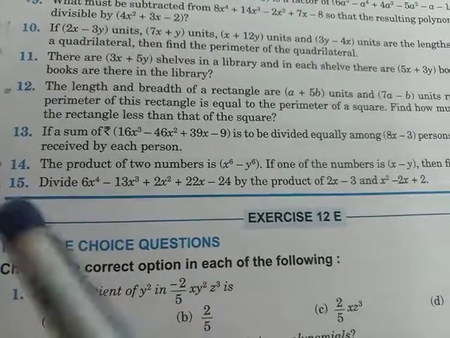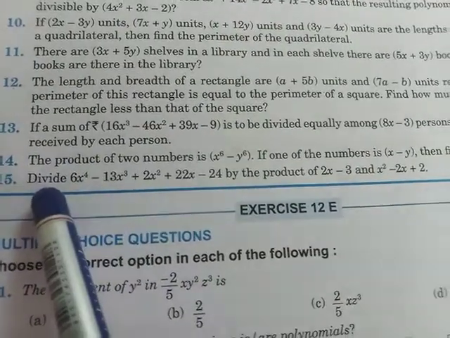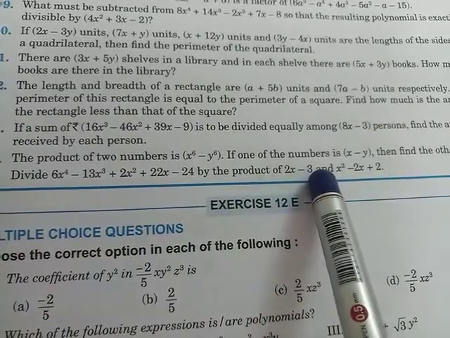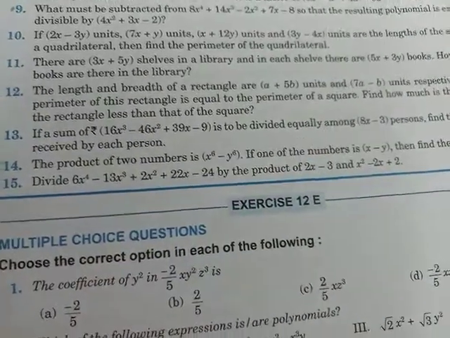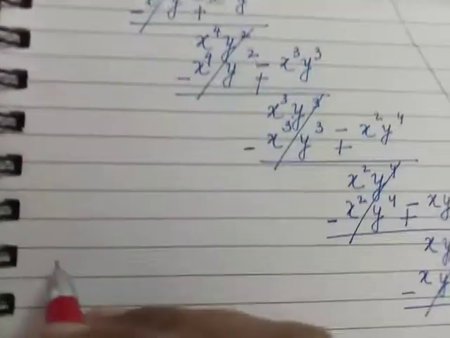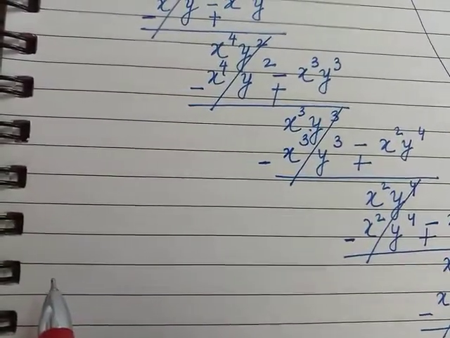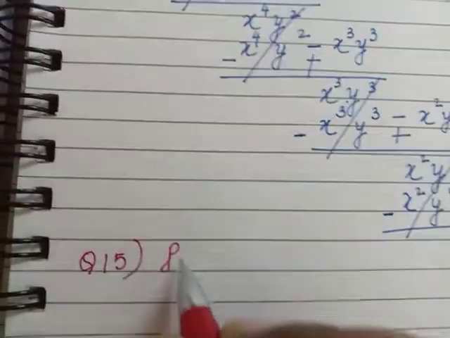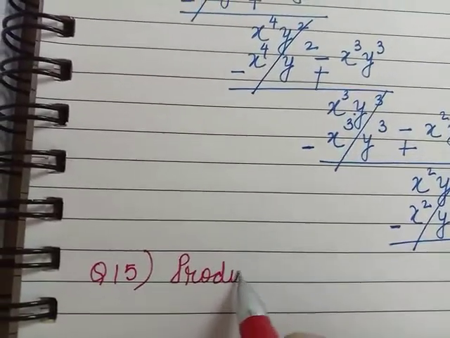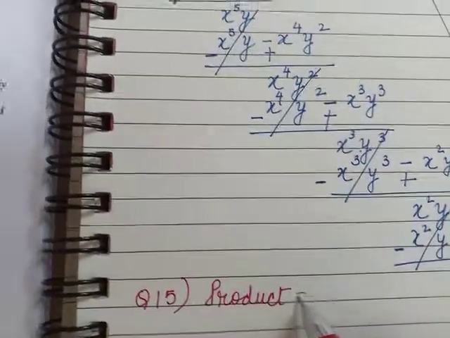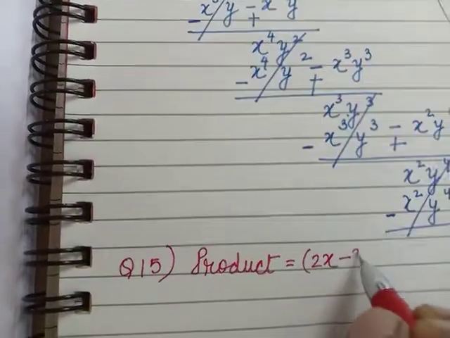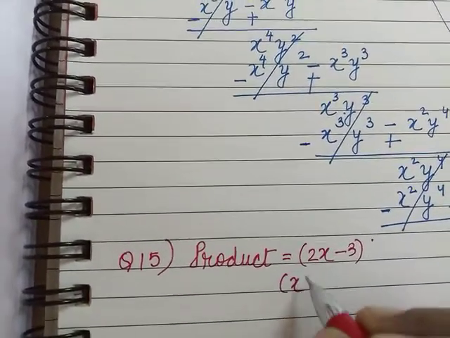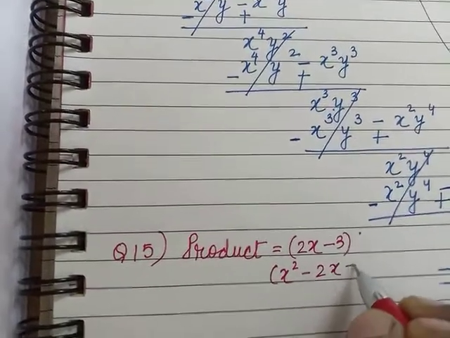Now we come to question number 15. They are saying divide this by the product of these two. So first you will find the product of these two and then we will divide. Let's see how to do it. Question number 15. First we find the product. Product of 2x minus 3 and x square minus 2x plus 2.